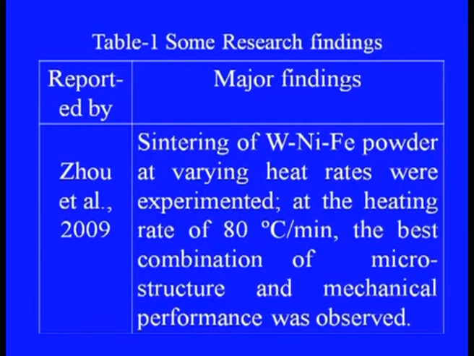Let us see some more research findings as far as sintering is concerned. One work was reported by Zhu and his co-researchers in the year 2009. They worked on sintering of tungsten, nickel and iron powder at varying heating rates, and a heating rate of 80 degrees per minute was found to be the best for microstructure and mechanical performance.